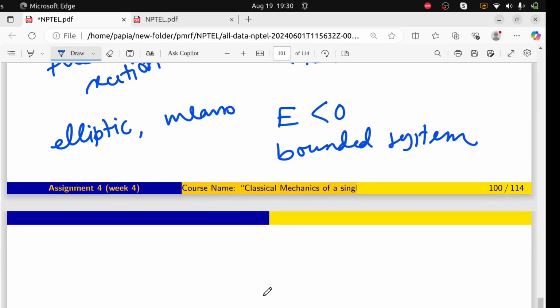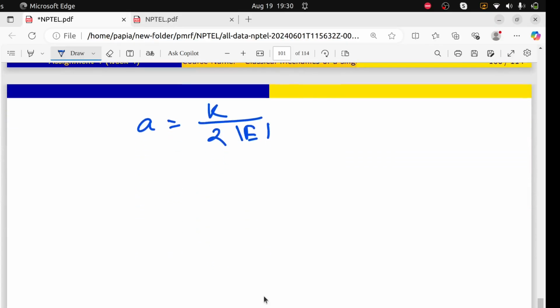So I can have a is k by 2E, but our E will be minus k by 2a. Okay? As it is bounded, E will be a negative value.